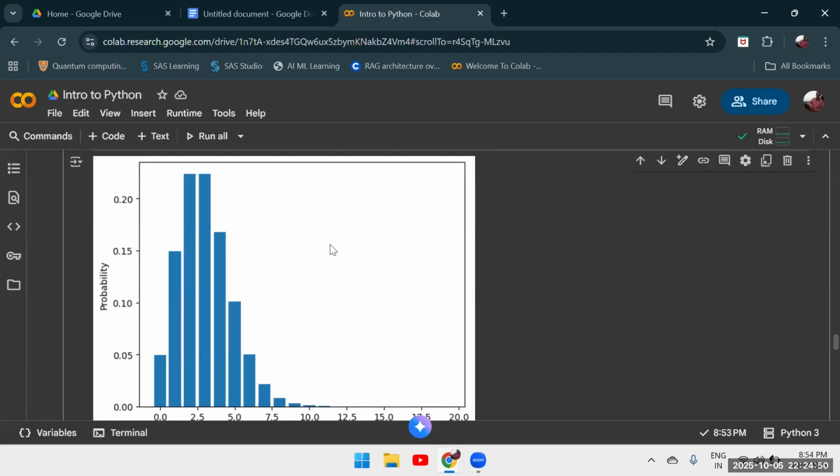And each event is considered independent of each other. Right? So depending on this, we'll be able to predict using the Poisson distribution further.